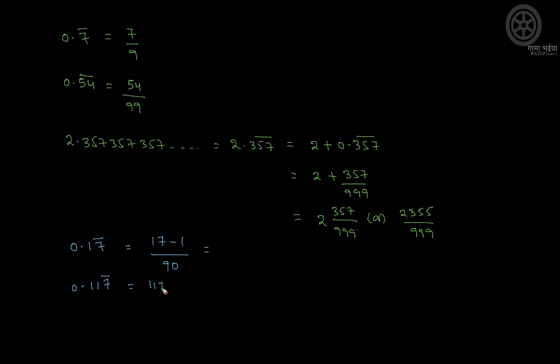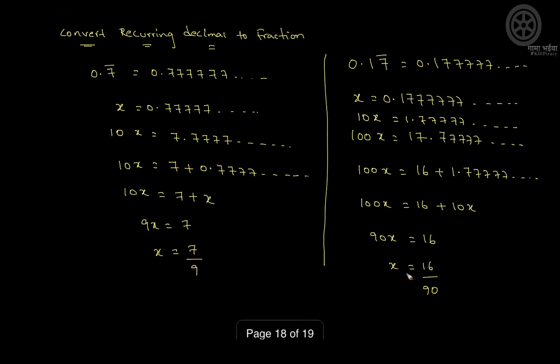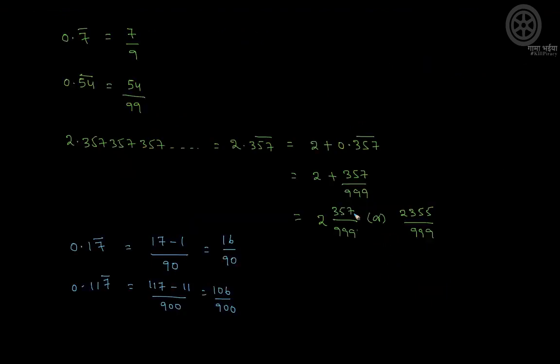In this case, you will write 117 minus 11 by 900. So you will get 106 by 900, right? Here you will get 16 by 90. The same thing we got here. This procedure is not required to remember, but sometimes it is better to remember. So directly you can write in this way.